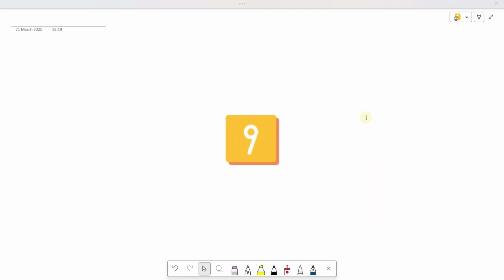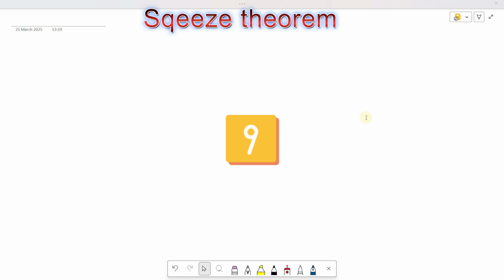It's the squeeze theorem. And what does this theorem tell us?